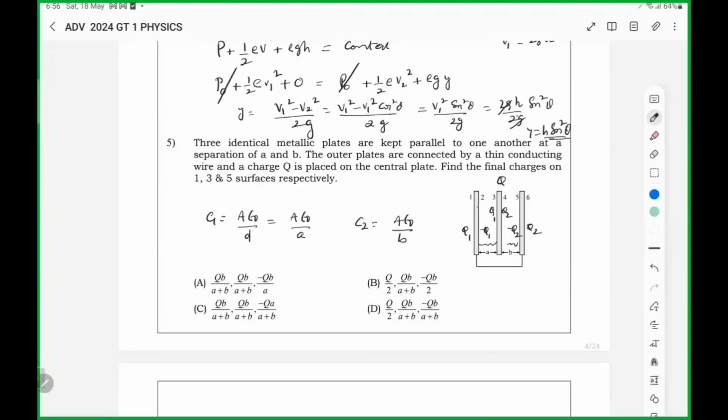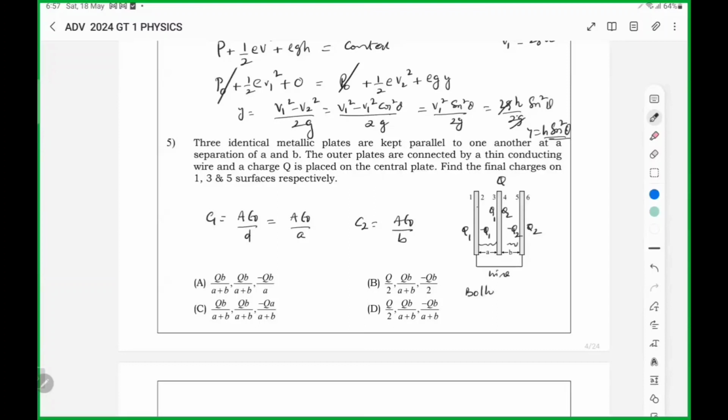So when they are connected by a wire, the potential will be the same.